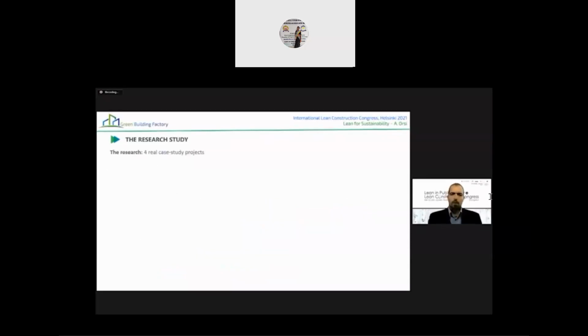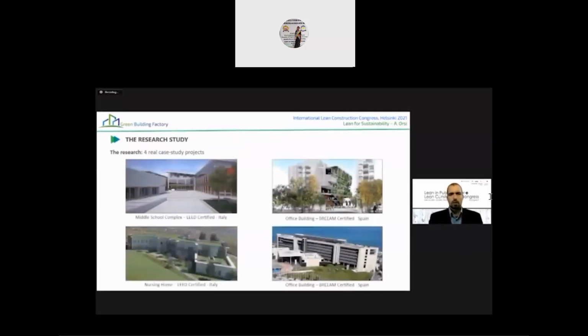And so we had this case study research. We got 4 real case study projects, one school complex and a nursing home, 2 office buildings, all in Southern Europe, 2 of them LEED certified and 2 of them BREEAM certified.